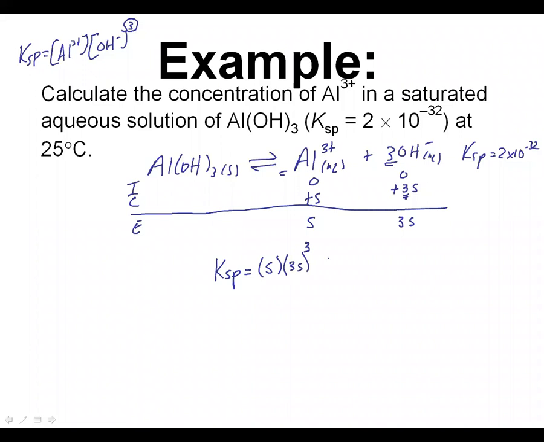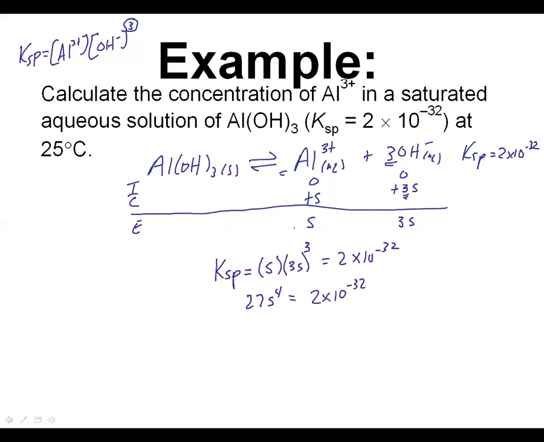And that's going to equal our 2 times 10 to the minus 32 in that case. That is going to get us 27 S to the 4th equals 2 times 10 to the minus 32.